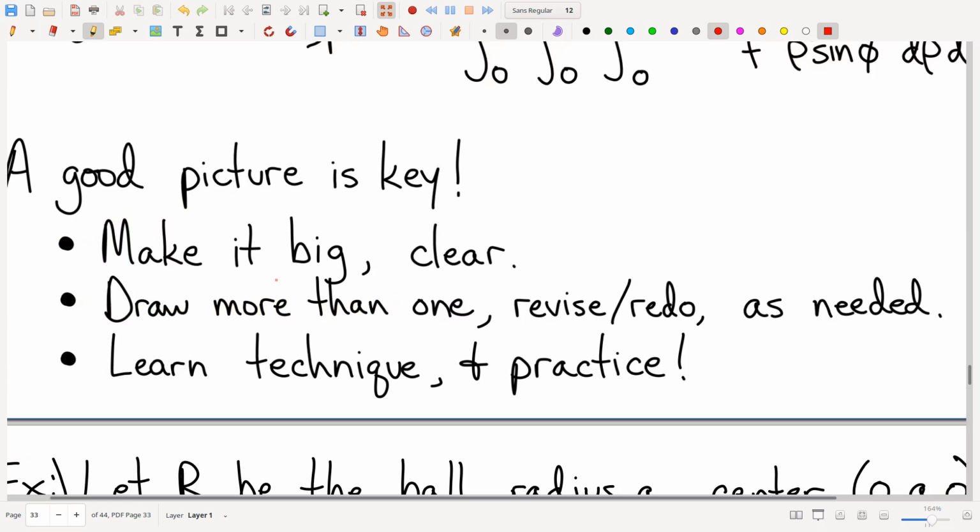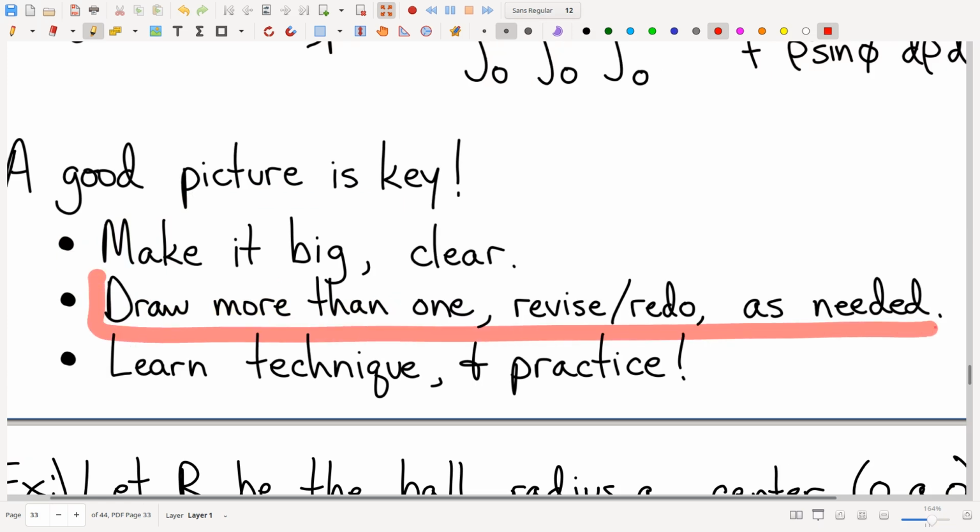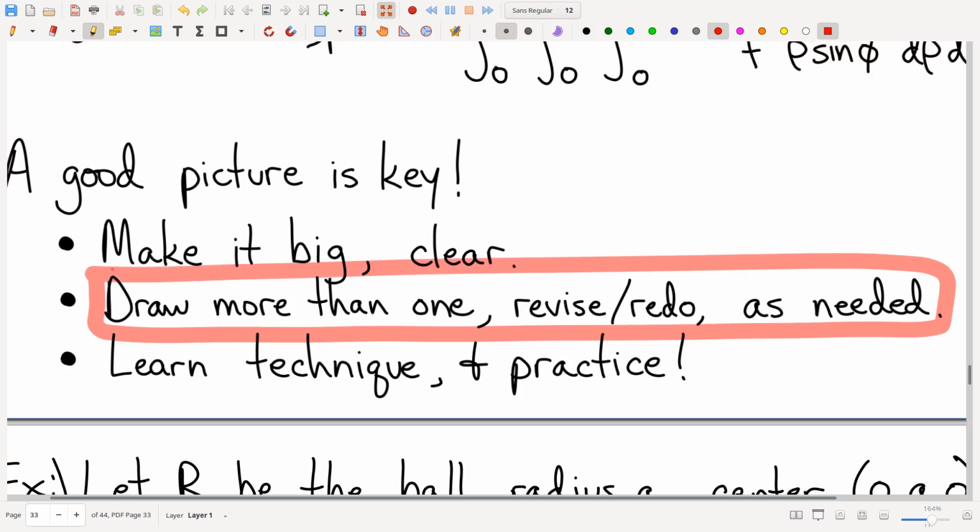Second point, don't expect that you're just going to see it all in your mind and then just, boom, draw a beautiful picture. That's really hard to do. That is, in many cases, I can't do that, right? Simple cases, yeah, sure. But in complex cases, you really need to go through a revise and improve process.